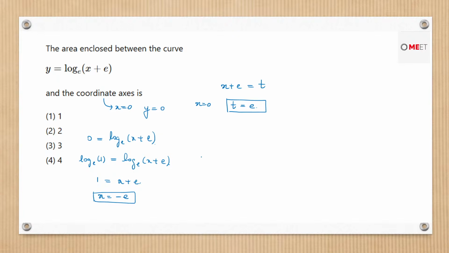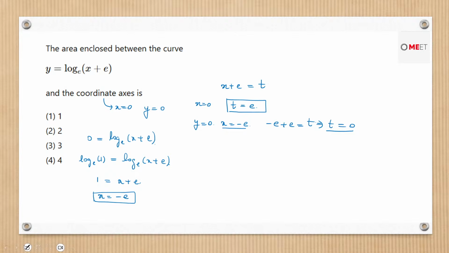So now if we substitute, y is equal to 0 gives us x equal to minus e, and minus e plus e is equal to t. The limits of t will be 0 up till e.